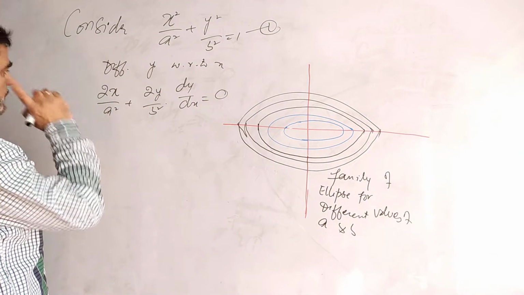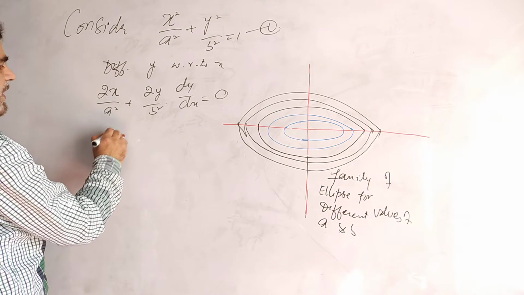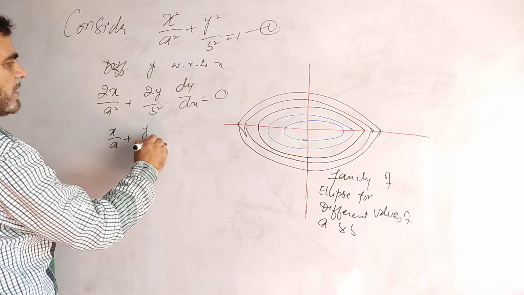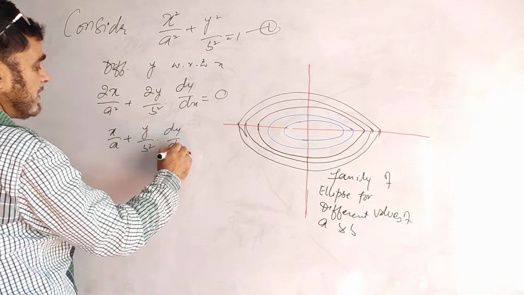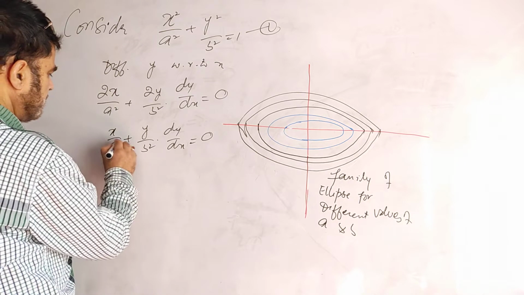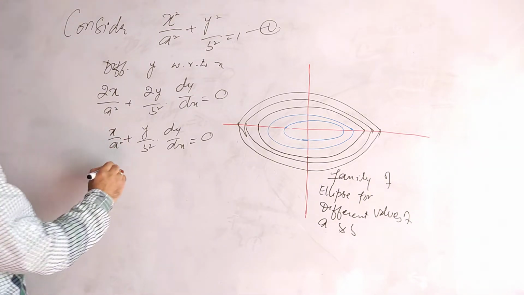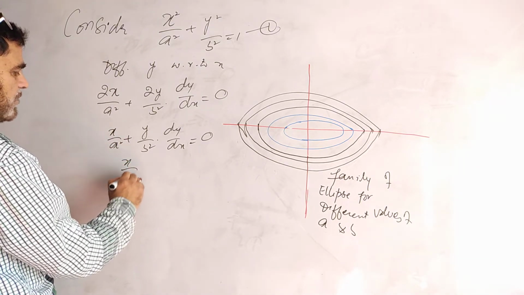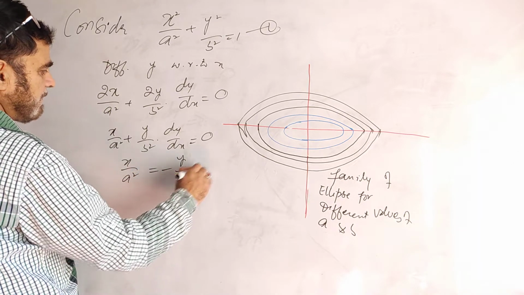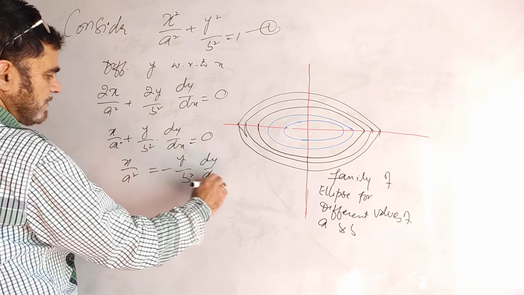Well, it gives you x by a square plus y by b square dy by dx is equal to 0, or you can write x by a square is equal to minus y by b square dy by dx.